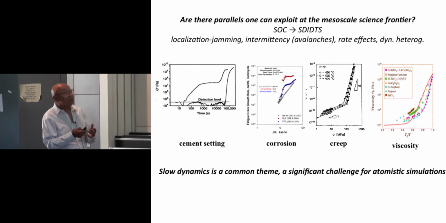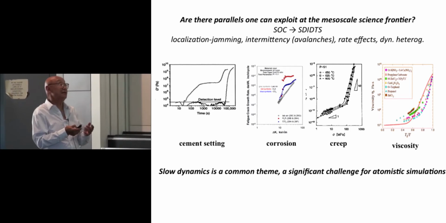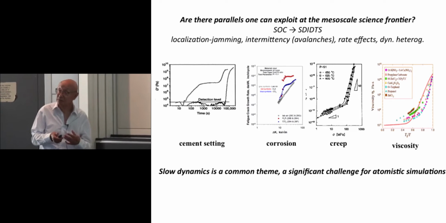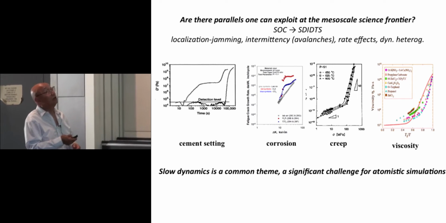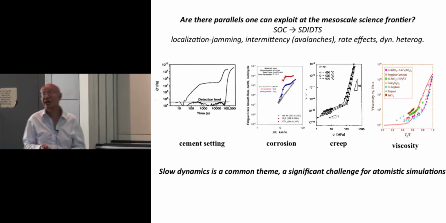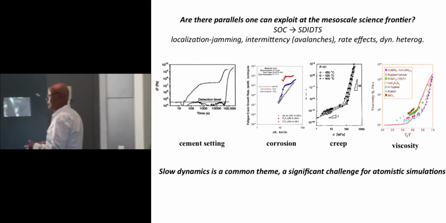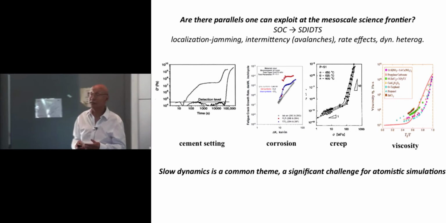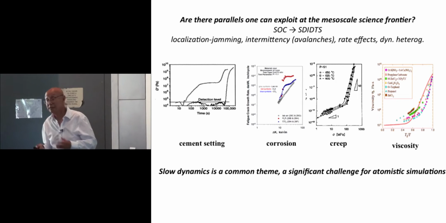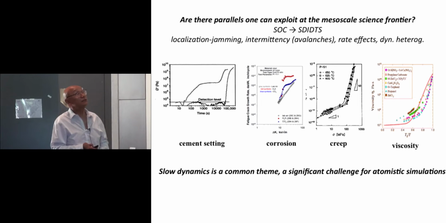And the buzzwords that you can use now, and I think they're no longer buzzwords, they actually have some real meaning and real challenges, would be things like localization or jamming. Jamming is a term people talk about a lot with granular material. Localization, you can do many phenomena with that. Intermittency.